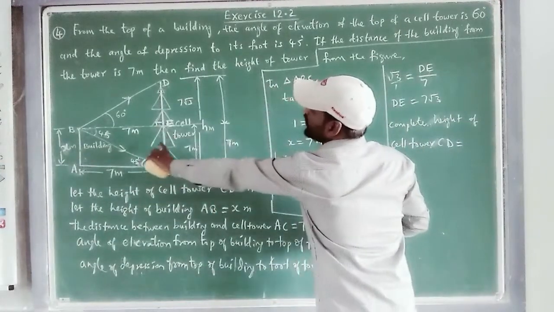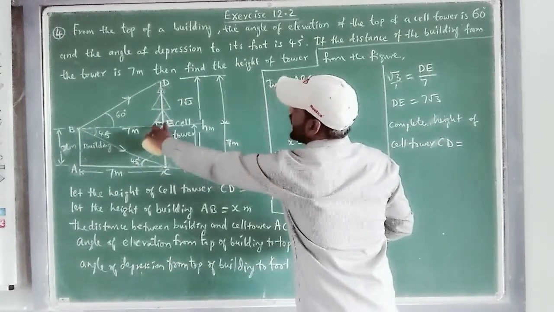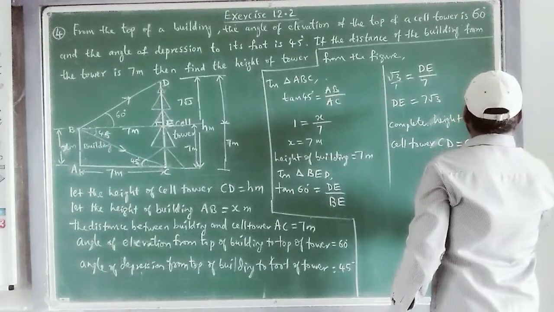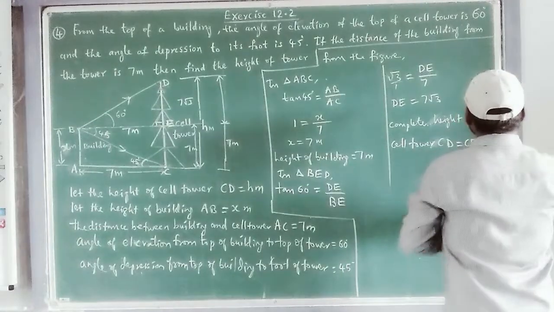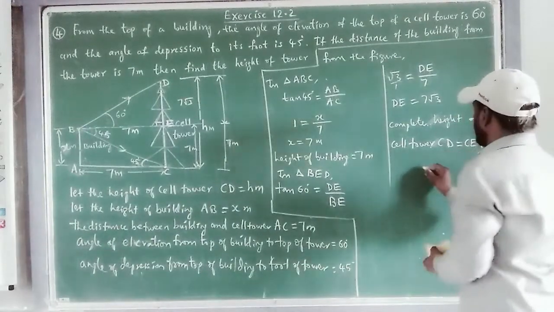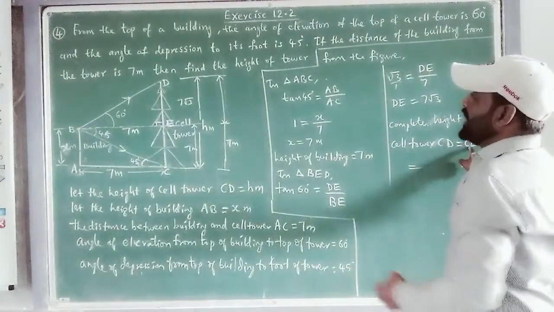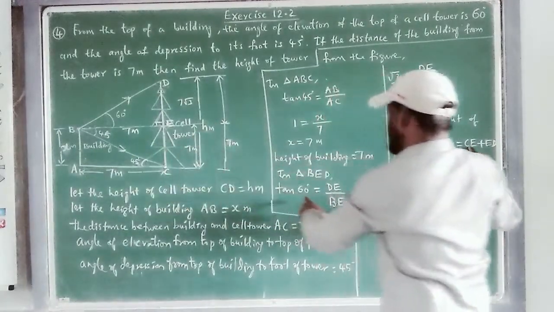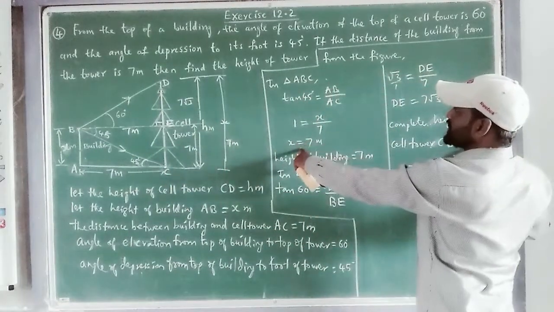It is found in two parts, CE and DE. CE plus DE, or ED, whatever. CE plus ED. Right? Now CE, how much have we got? CE is 7 meters, we already got that.